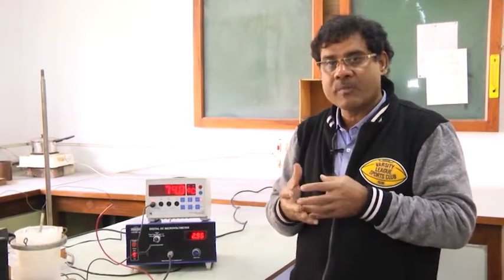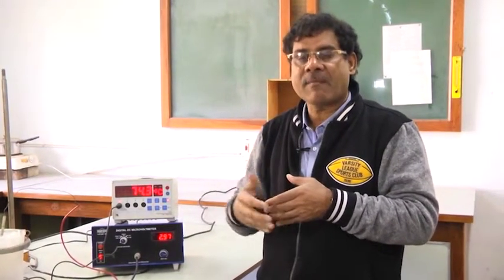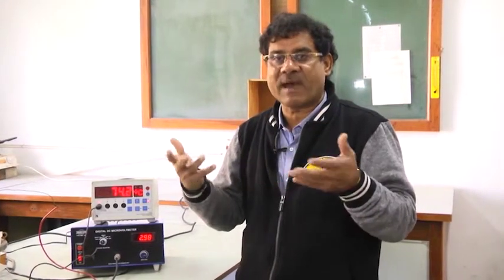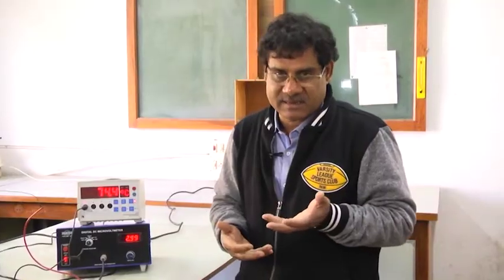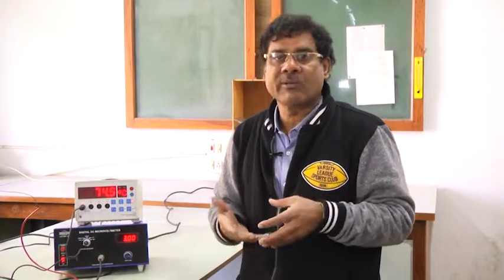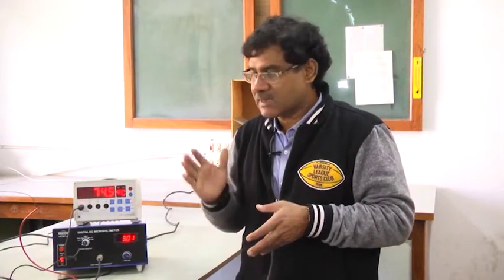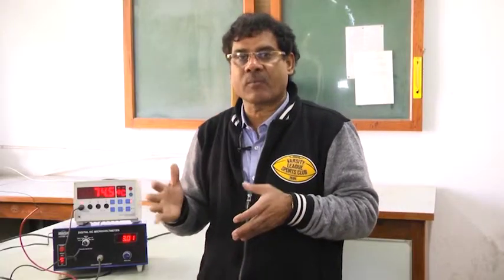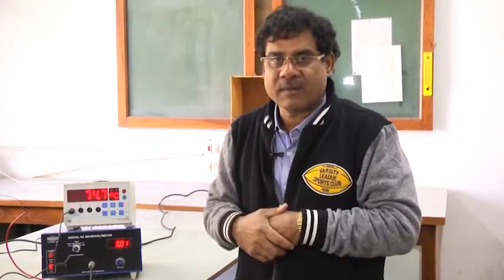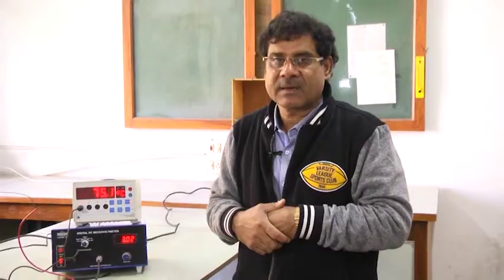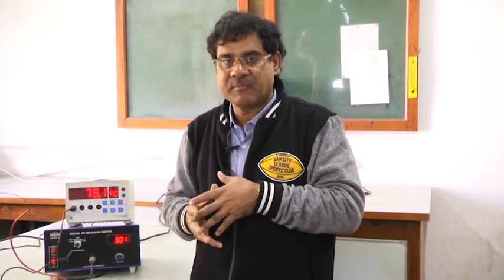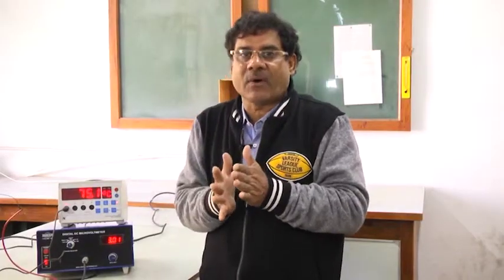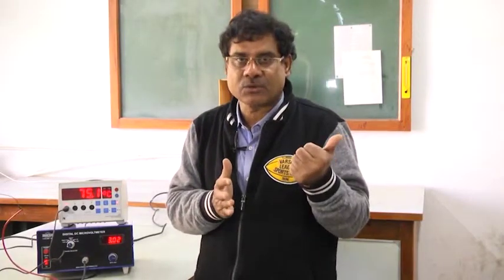But when you want to measure say above 100 degrees centigrade, so 400, 500, 600, 1200, 1500, 2000 degrees centigrade, 3000 degrees centigrade, what will you use? So this thermocouple is used for the broader range of the temperature.